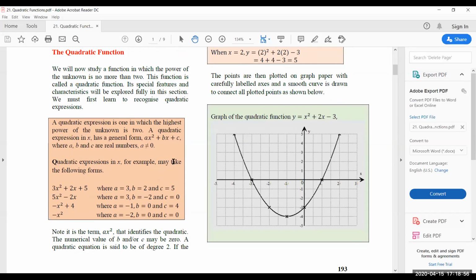A quadratic expression is one in which the highest power of the unknown is 2. So in other words, you see in the example here, we have 3x squared. That is the unknown there, and the highest power is 2. A quadratic expression in x has a general form ax squared plus bx plus c, where a, b, and c are real numbers and a is not equal to 0.